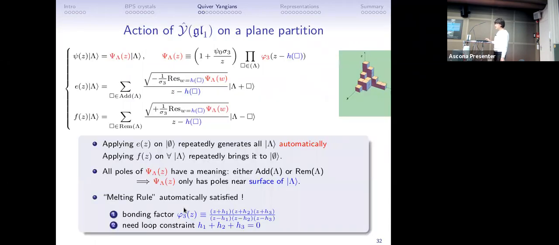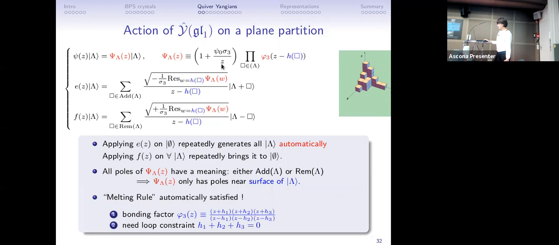So this algebra has a very elegant action on this set of plane partitions. This is actually a rather important slide, so let me explain it in detail. The important feature is that each plane partition is an eigenstate of this entire family of Cartans, and it's actually very easy to write down the eigenvalue.